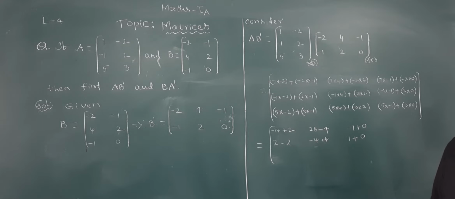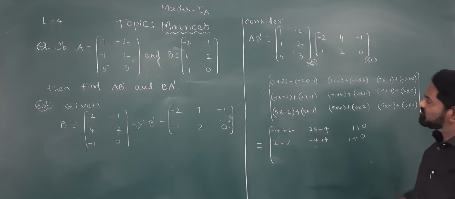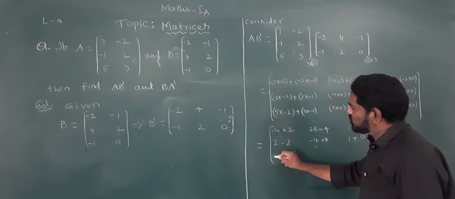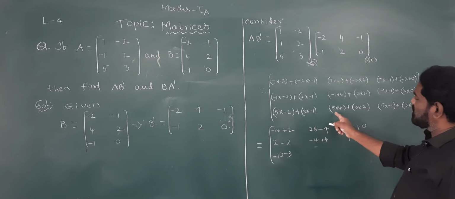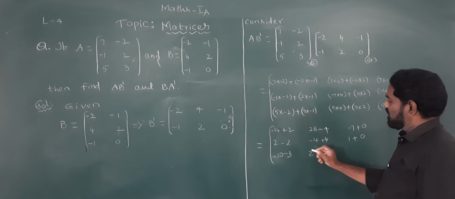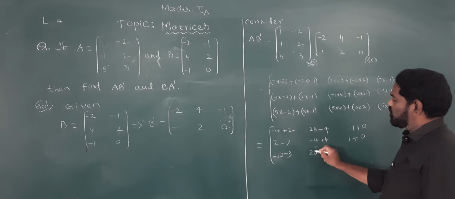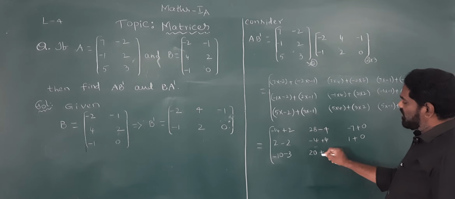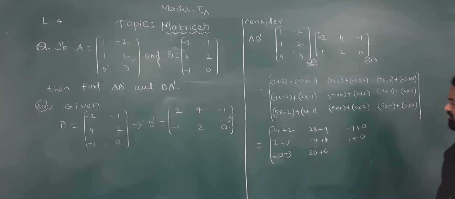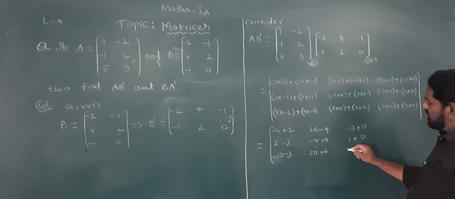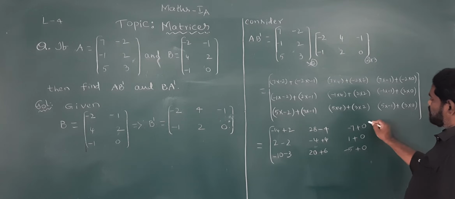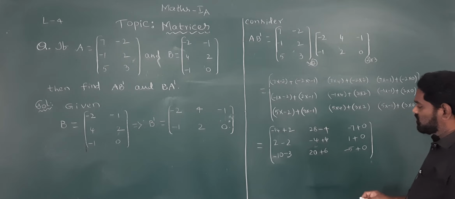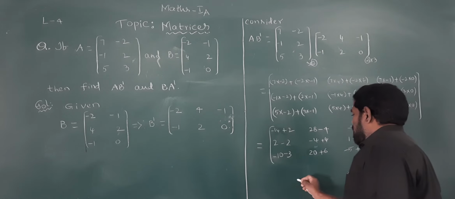Understand? Okay? Now, this can be taken as next: 5 into -2 is -10, minus 3. This is 20, 5 into 4 is 20, plus 3 into 2 is 6. Next, -5 plus 0. So, what will come here?